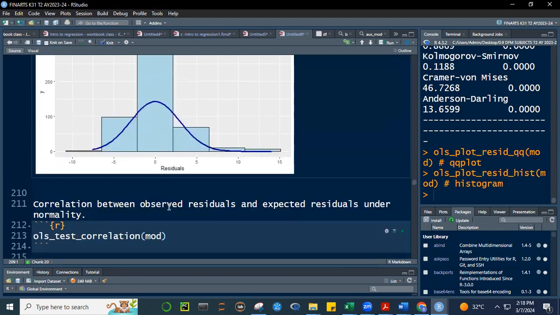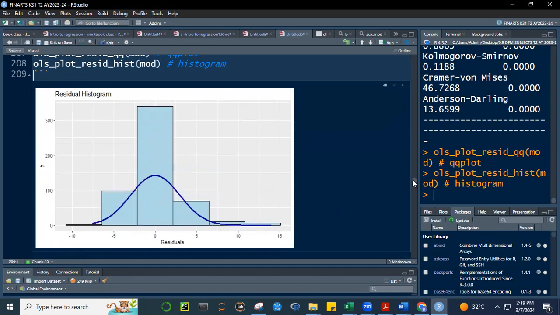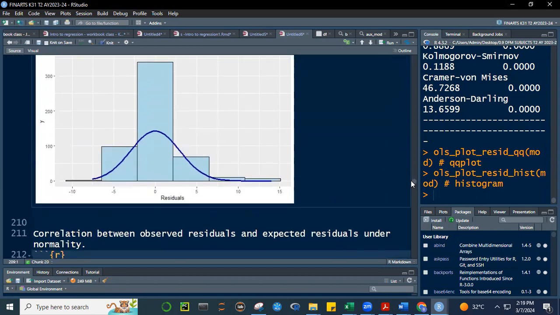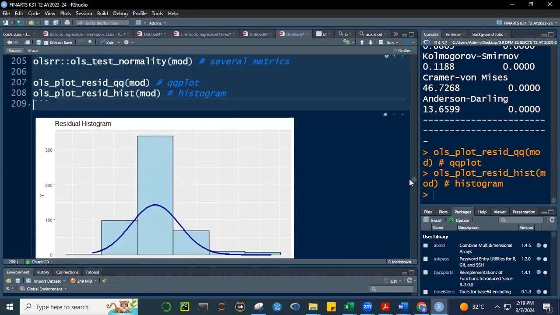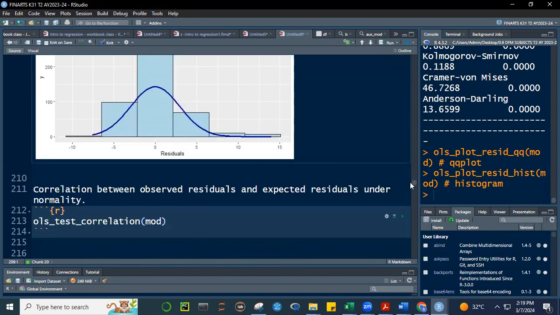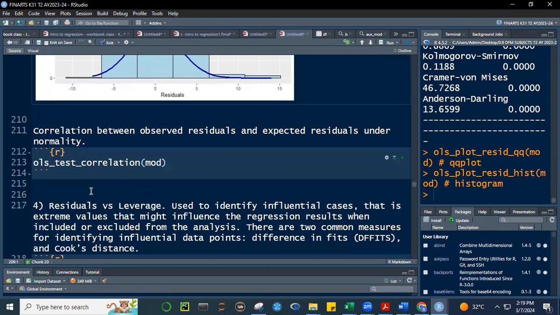Yan. Ito yung normal distribution. Tapos ito yung mga values ng residuals natin. Okay? So makikita natin na hindi siya normally distributed. Alright, and then this last one, yung correlation sa model natin.